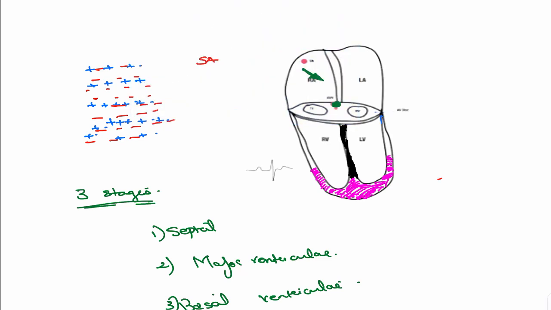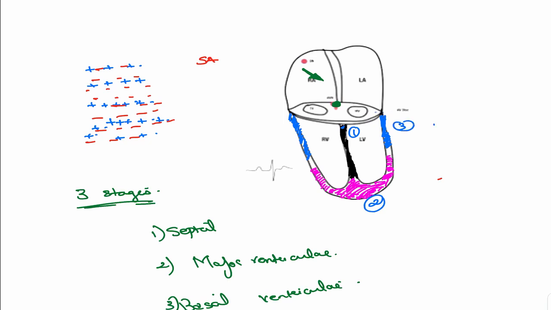So this is the base of the heart. The ventricles depolarize in 3 stages, as shown. The first is the septum, the second is the major ventricular portion, the third is the basal portion.